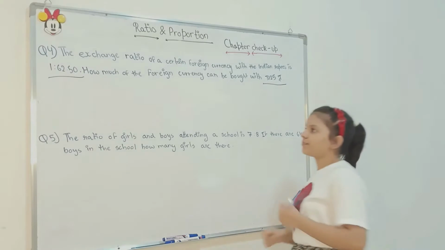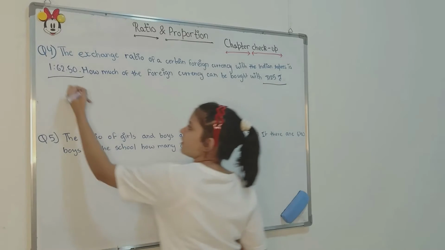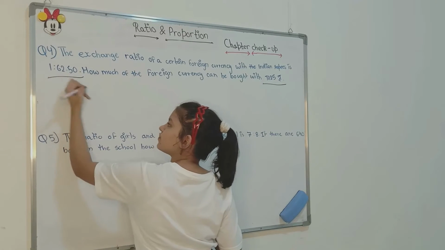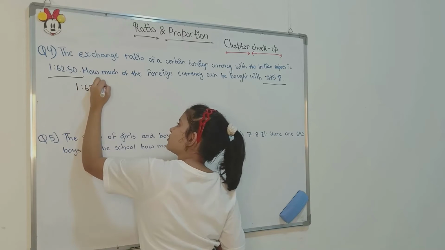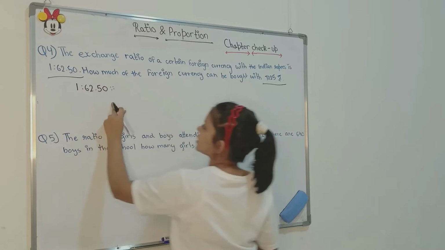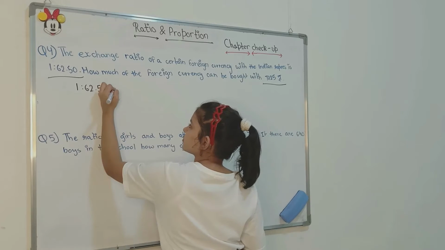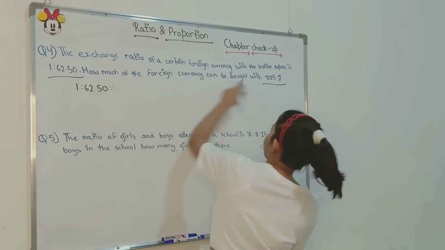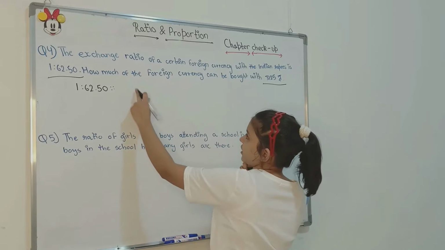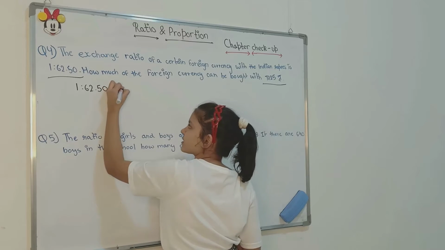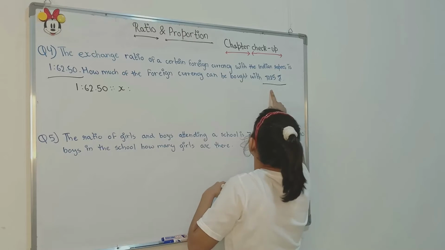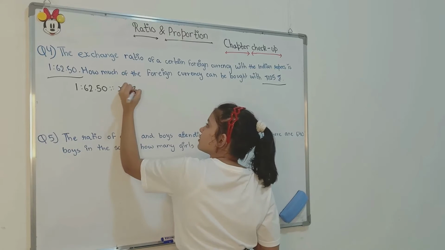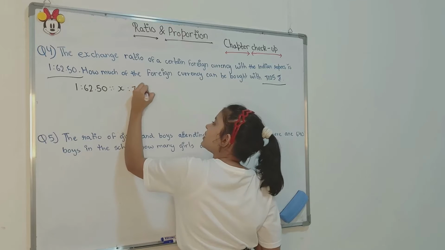So first we will write 1:62.50 portion here. Then we write x here. We have to find how much foreign currency. So we write x is to, and then the Indian currency rupees given, 3,125.